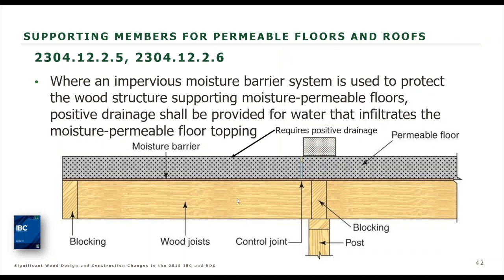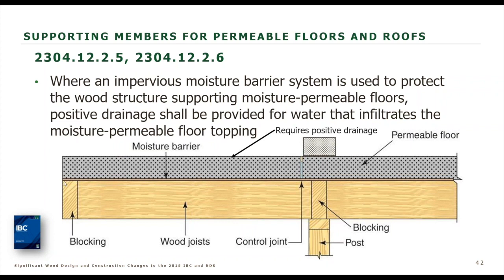And just a picture of what we see is we have a permeable floor area, a moisture barrier here. We want to have positive drainage at this exterior area. And this shows for a wood joist through. So what it's requiring now, where we have impervious moisture barrier systems, and then it's protected by a permeable floor, it's requiring that positive drainage is required.